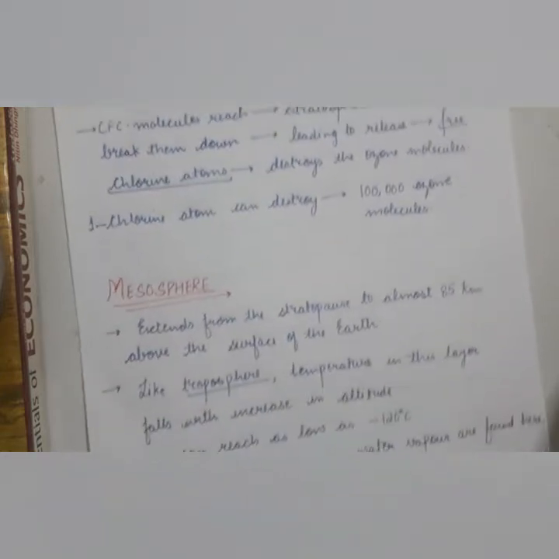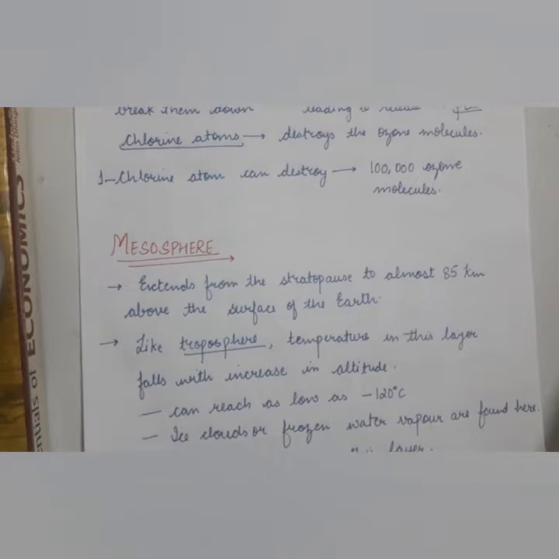Next, we will be discussing the third layer of the atmosphere, that is your mesosphere. It starts from the stratopause and extends up to 85 kilometers above the Earth's surface. Like troposphere, in this layer, a thing is common, that is the temperature.